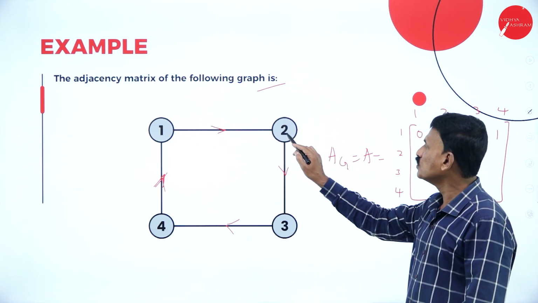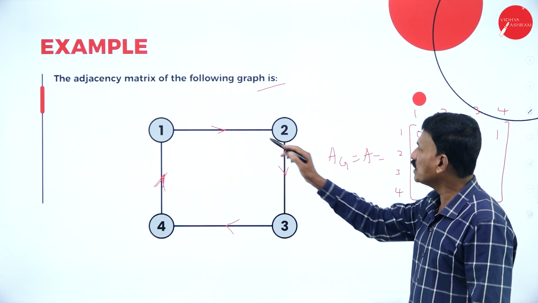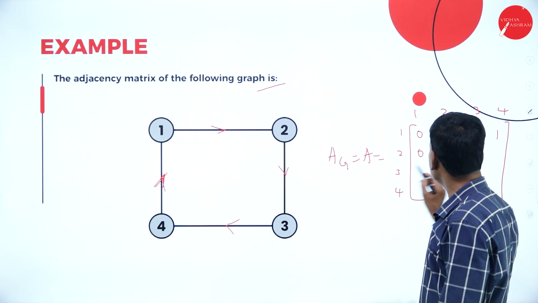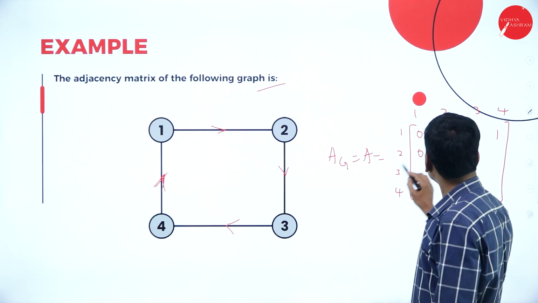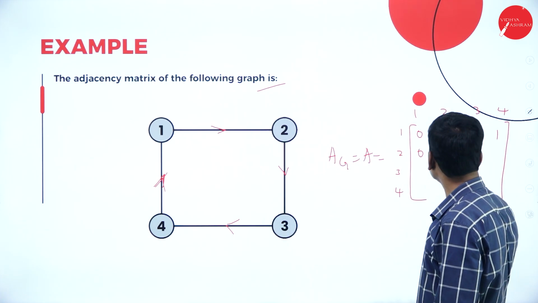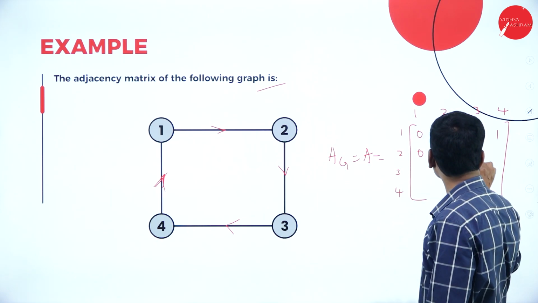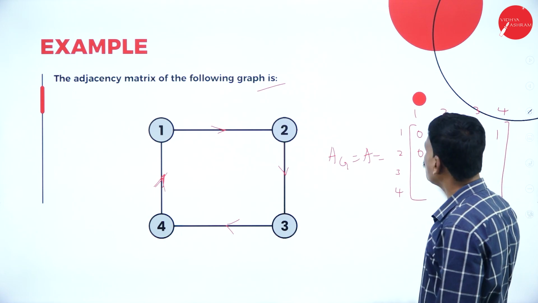Similarly for 2: 2 to 1 the direction is different, so it is 0, 2 to 2 it is 0, 2 to 3 it is 1.